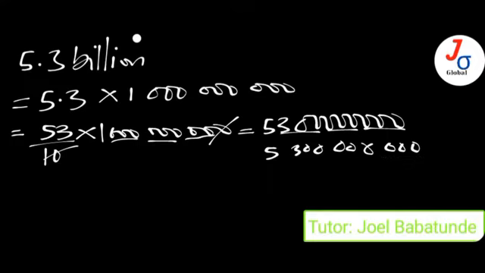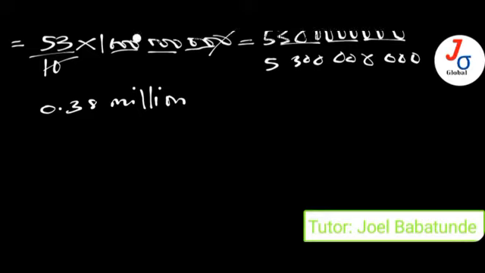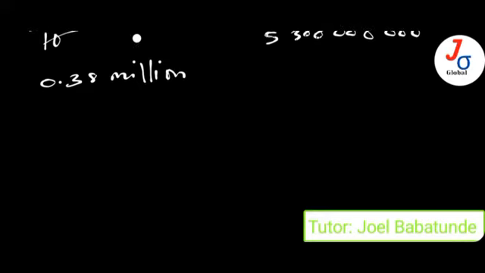All right, so let's see another example. Let's see 0.38 million. So how do I write this? How do I write 0.38 as a fraction?